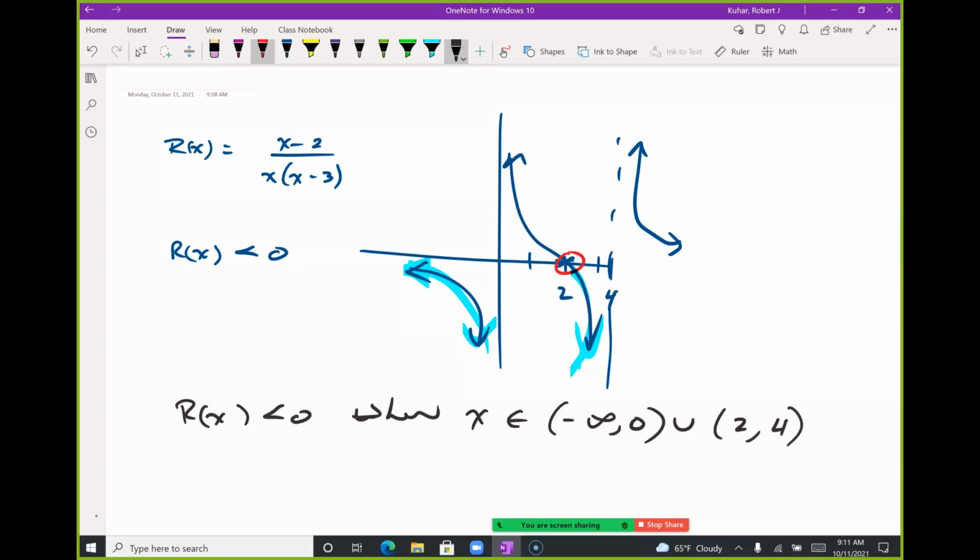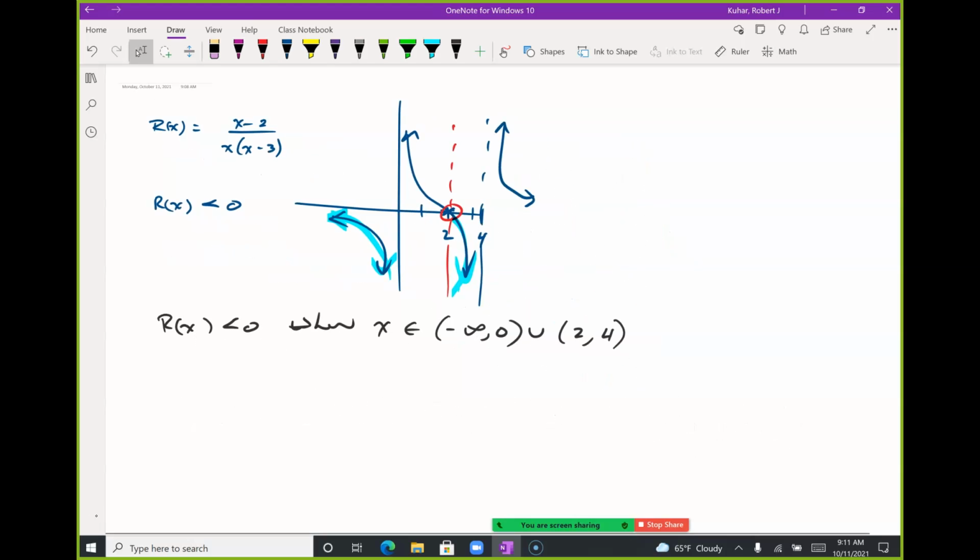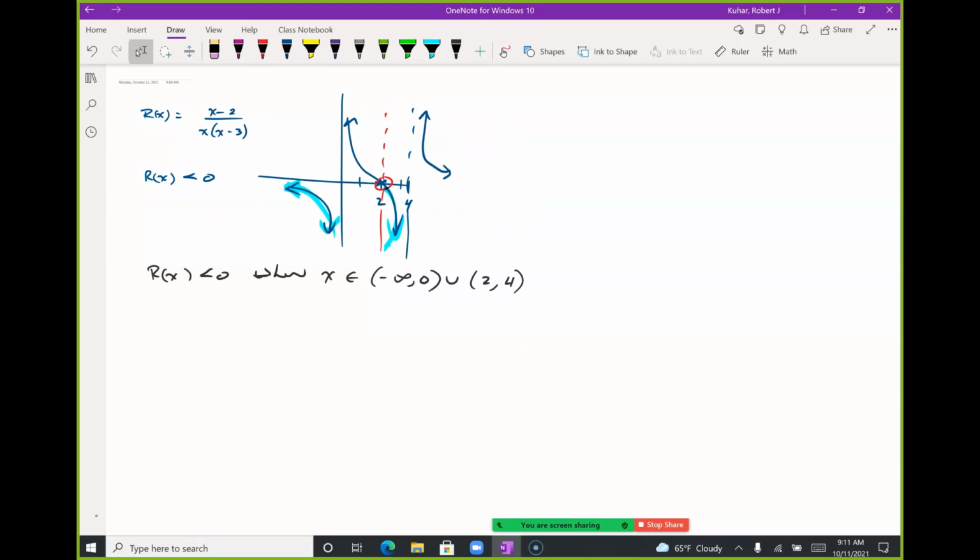And so you can clearly see that the highlighted blue piece is between x is 2 and x is 4. And it can't be equal to 2 because it says less than 0. If it said less than or equal to 0, Diego, you with me there? Yeah. Right? So you got to be thinking less than is underground, greater than is above ground, right? But let's do it with the sign table. What are my critical values?